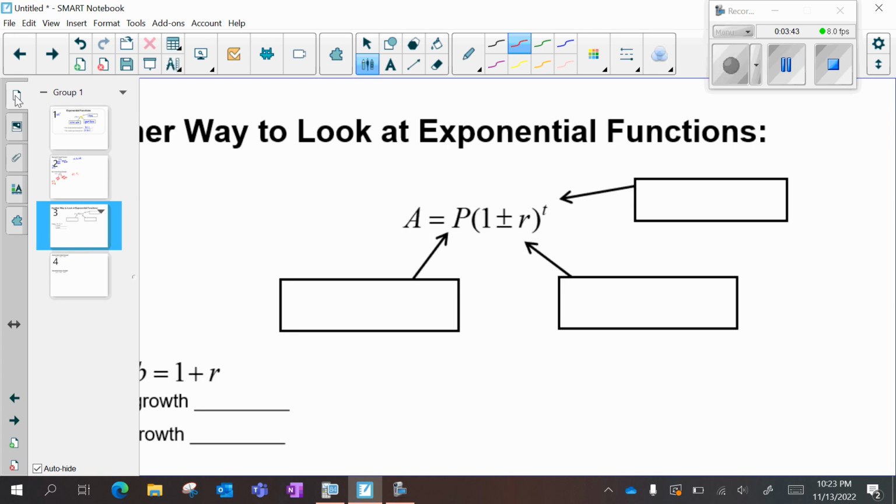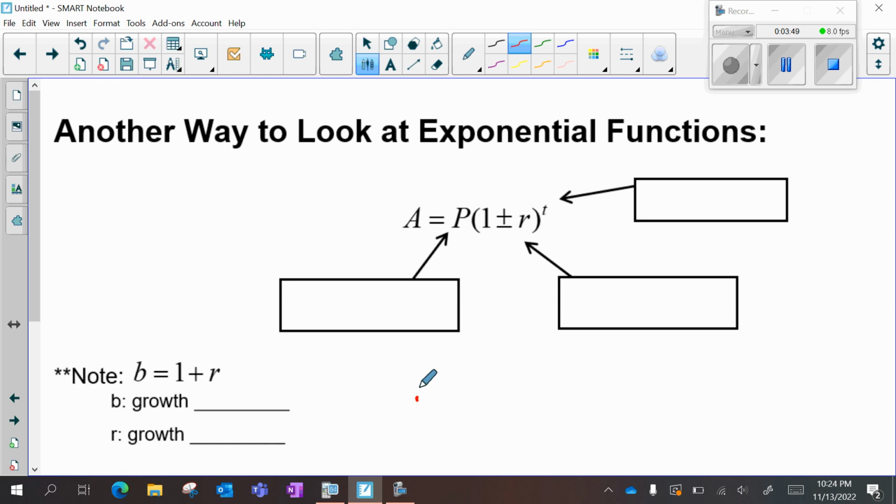There is another way, or there actually are a few ways, but there's one other way that we are going to look at exponential functions. So exponential functions can also sometimes be written in this form, which you may have seen as y equals a(1 plus r) to the t.